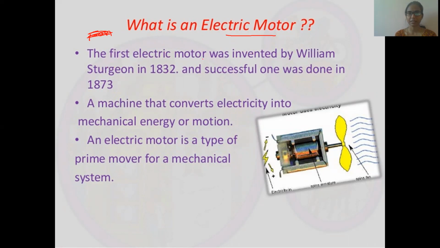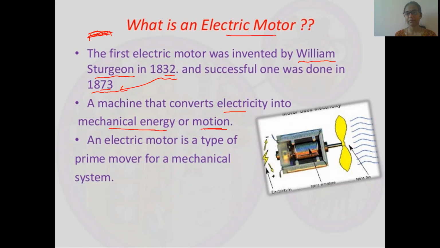The first electric motor was invented by William Herschel in 1832, and one was successfully done in 1873, after about 40 years. A machine that converts electrical energy into mechanical energy or motion.